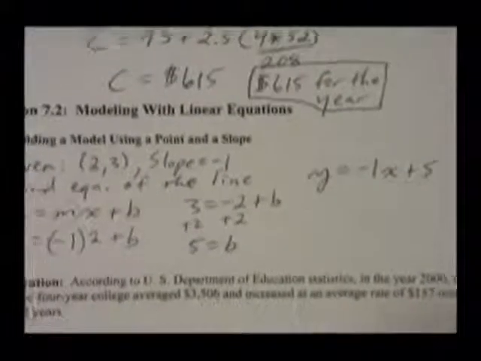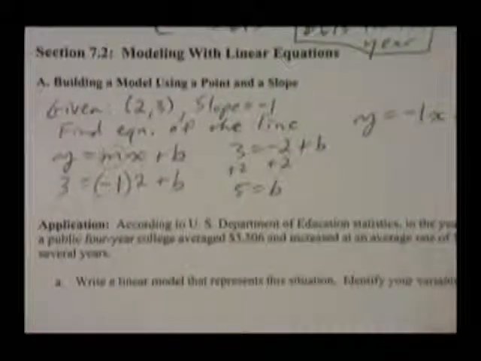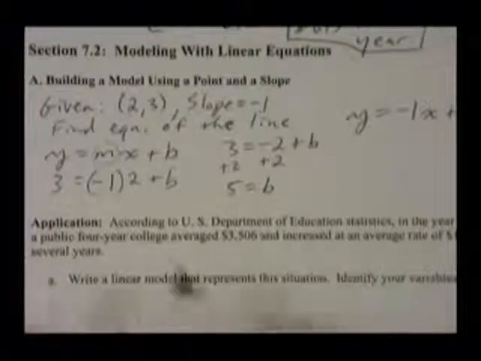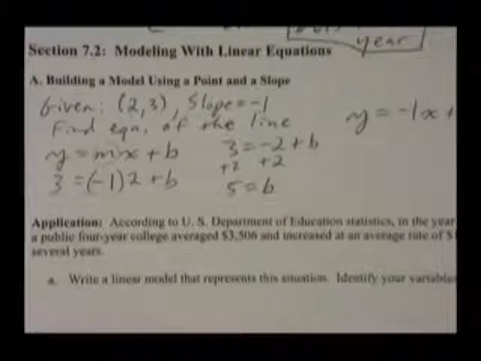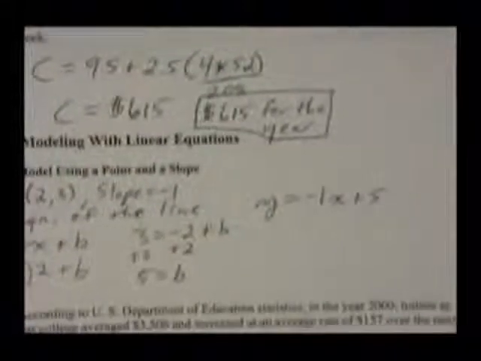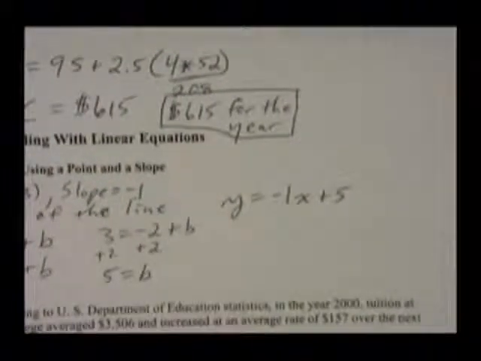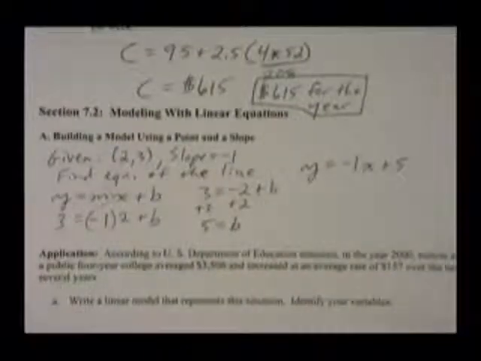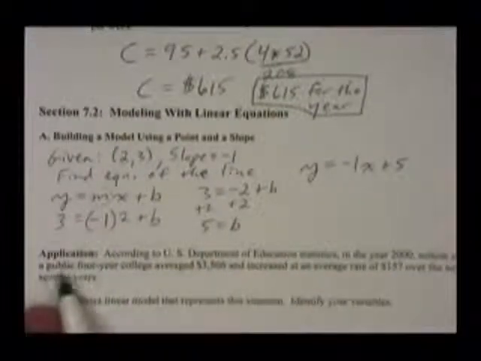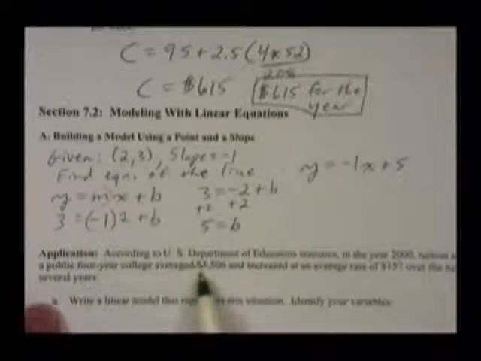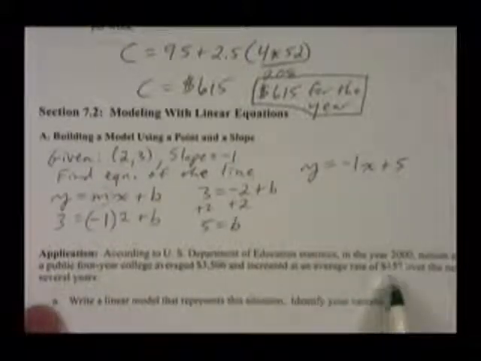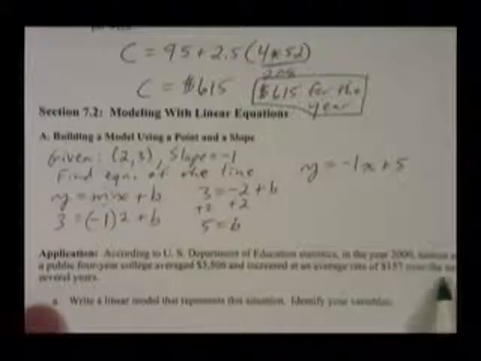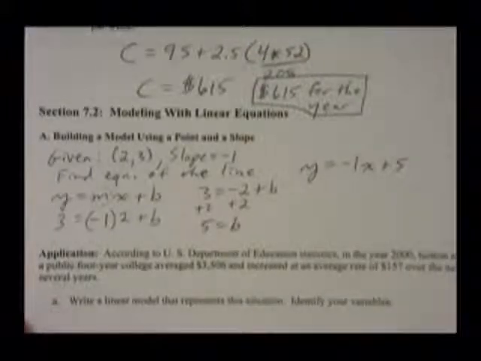Now let's look at a word problem that's associated with that. Again, I just pulled one out of the book. It says, according to U.S. Department of Education statistics, in the year 2000, tuition at a public 4-year college averaged $3,506 and increased at an average rate of $157 over the next several years.